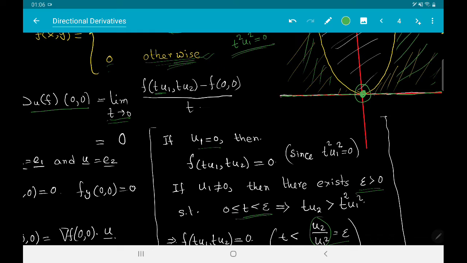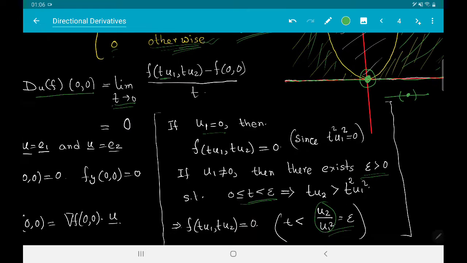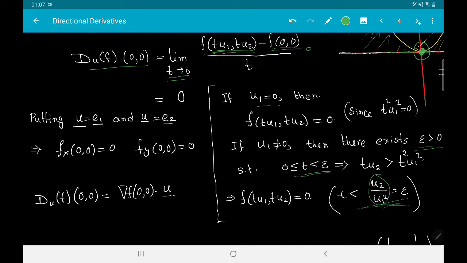We do not mind what happens for the values of t which are far away from 0. When we talk about the limit as t tends to 0, all we care about is what happens when t is very close to 0. So here I have found a possibly very small neighborhood such that this function evaluates to 0, and in particular this is also 0, so we can see that this limit always evaluates to 0.